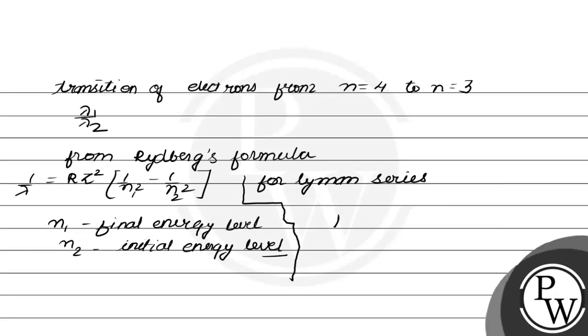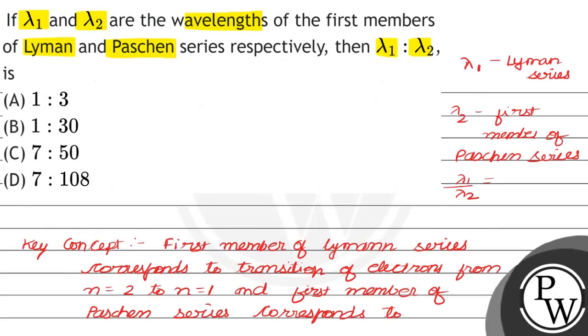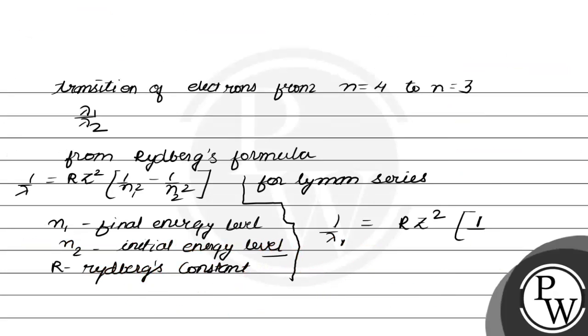So students, for Lyman series, we can write 1 upon lambda 1 equals R into Z square. Note here R is the Rydberg constant. The transition in Lyman series was n equals 2 to n equals 1, so this is 1 upon 1 square minus 1 upon 2 square.